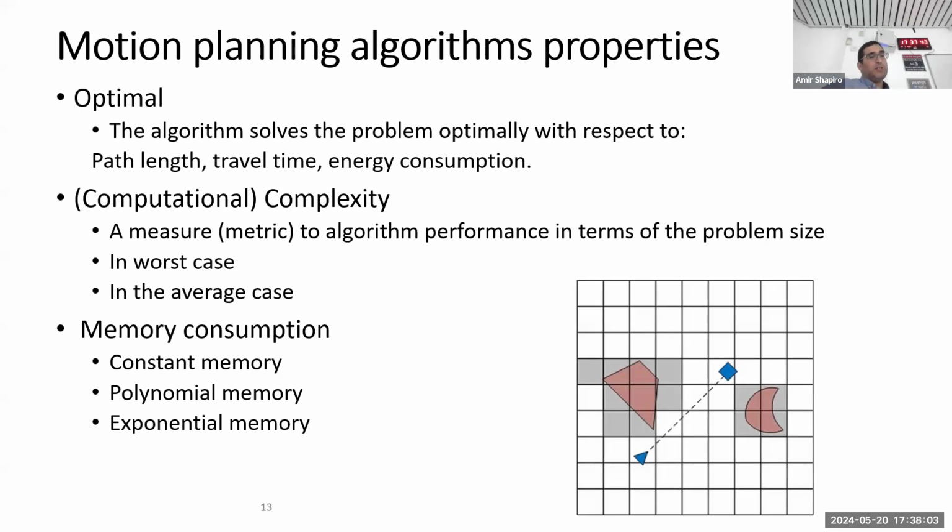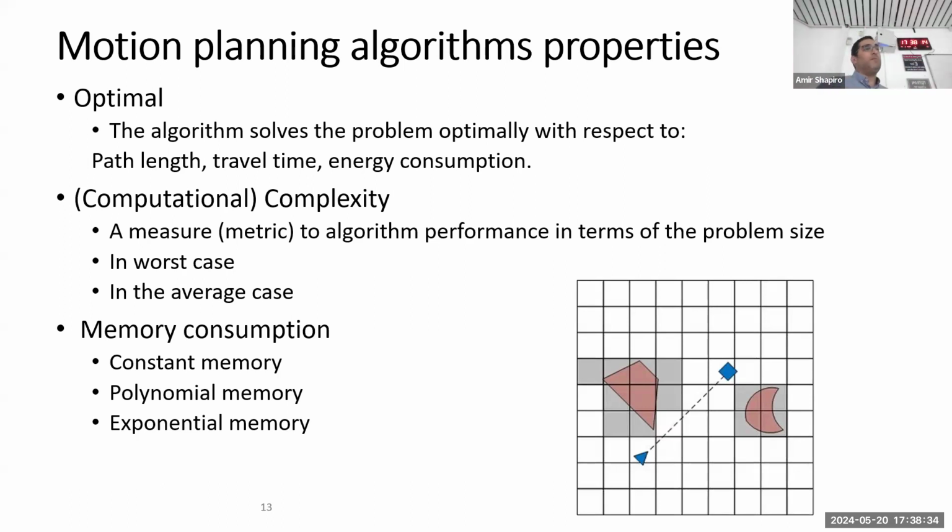Memory consumption can be constant memory, so a certain amount of memory is allocated for this algorithm, and all the time it just uses the memory that it has. It can be polynomial memory, so it is some kind of polynomial in the size of the problem or in the size of the map.